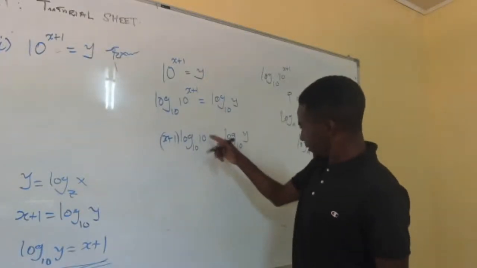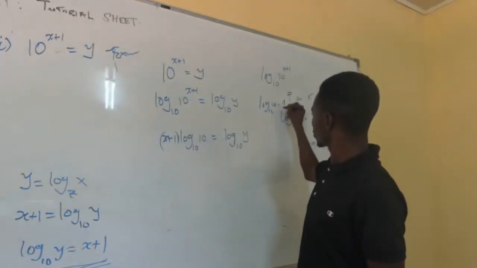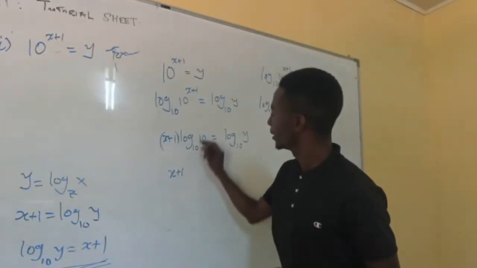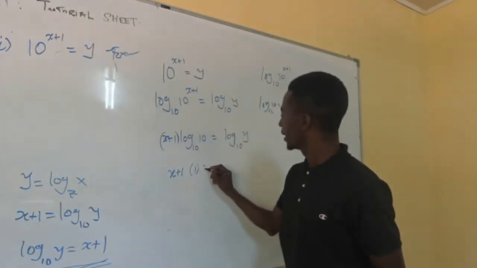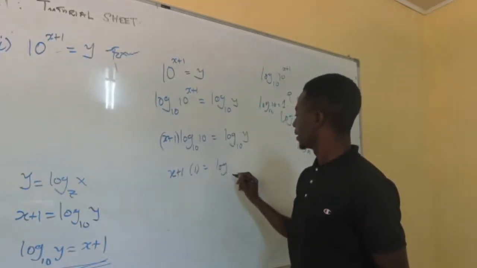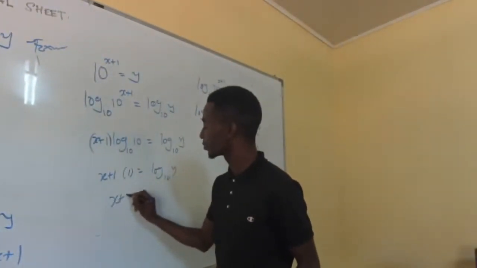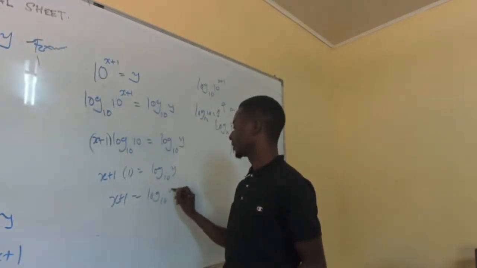So now it means log 10 10 is also equal to 1. So x plus 1, and that's 1 now. We get x plus 1 equal to log 10 y.